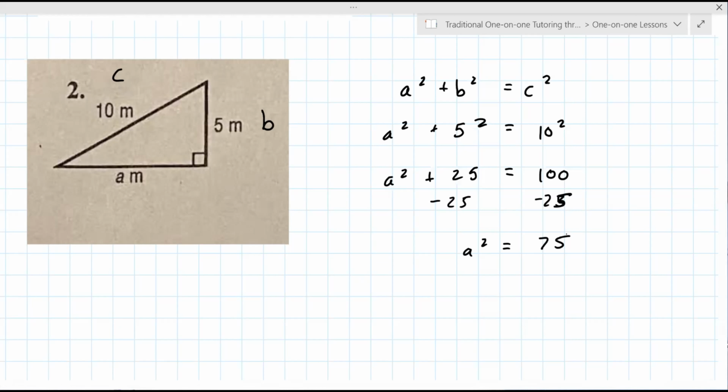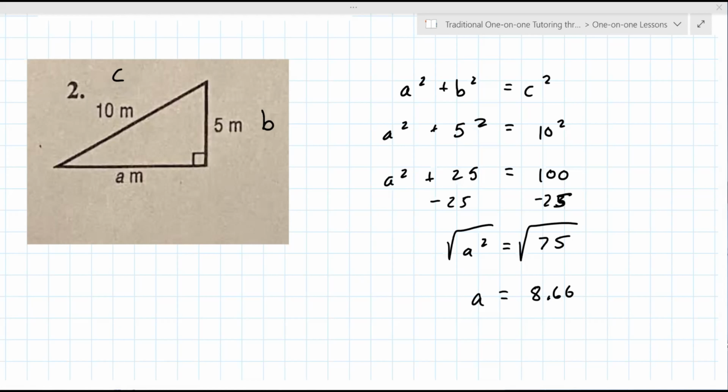And then you take the square root, and it's just 8.66. Sounds right. Let me check here. Yeah. It's really no different. That one's like simpler though, I feel like. I could see that.